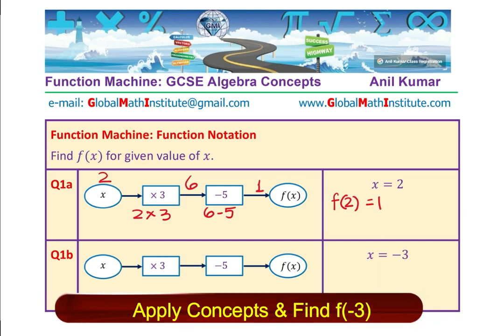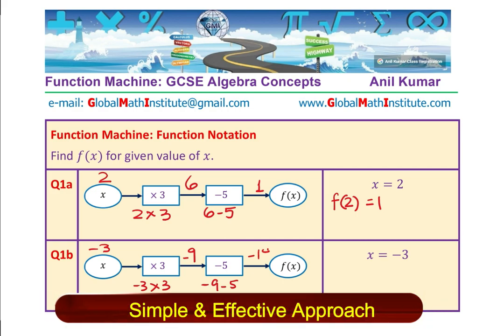Now, let's do it for minus 3. When I substitute minus 3 here, then minus 3 times 3 will be what? Minus 9, right? And minus 9 minus 5 will be minus 14. Therefore, f of minus 3 has to be minus 14.